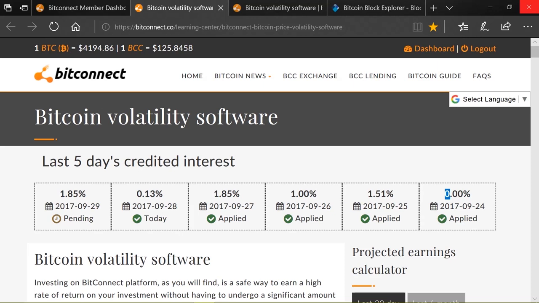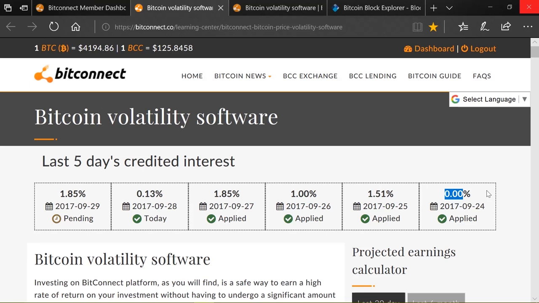Now, some days you do get 0 days. And the reason why you never get less than 0 is that the Bitconnect trading bot never allows you to make a loss. It covers any losses that it may make. And the reason why is that it's called volatility software because cryptocurrencies are innately in their youth.